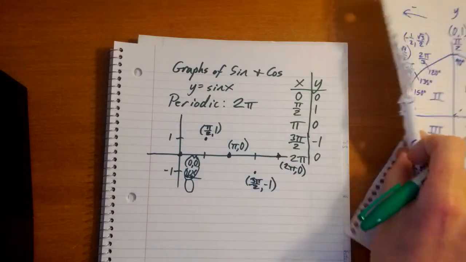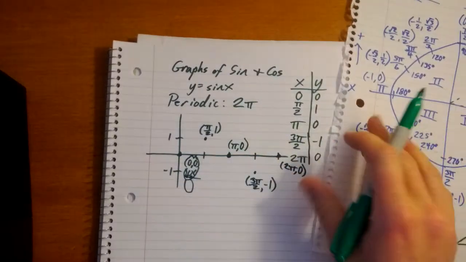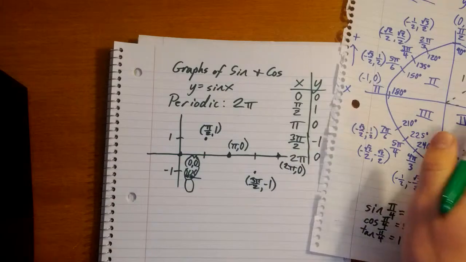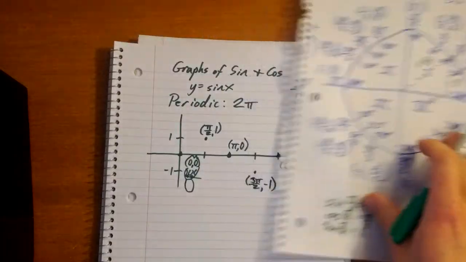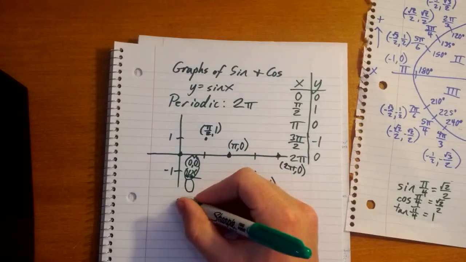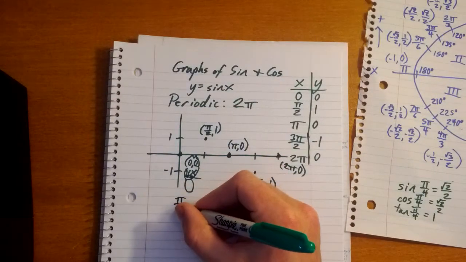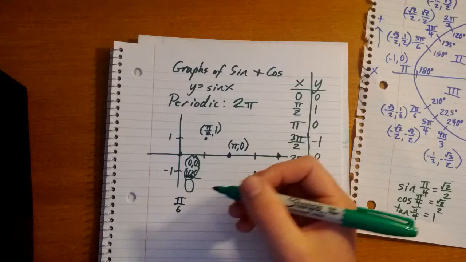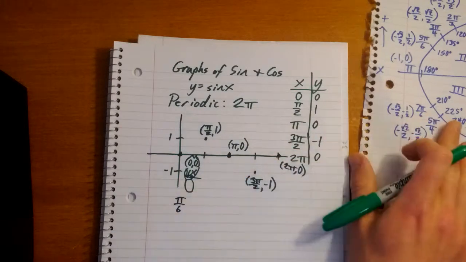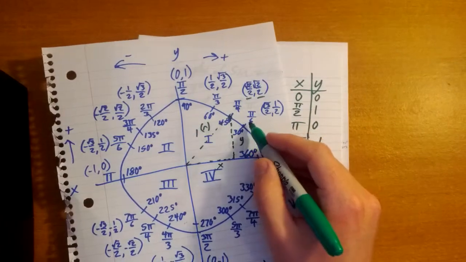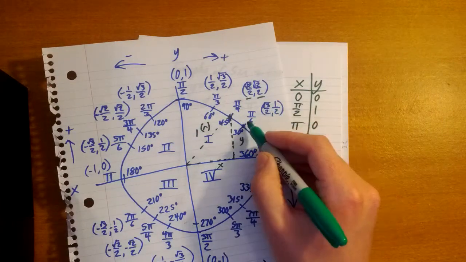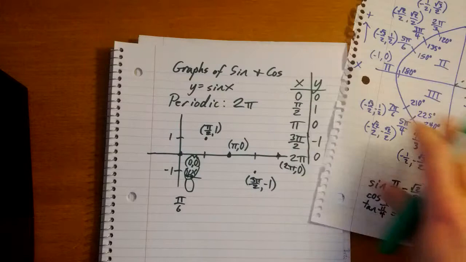Now, if we were to graph points in between these, let's take a look. Let's look at pi over 6. Where x is pi over 6, sine of pi over 6 is 1/2.